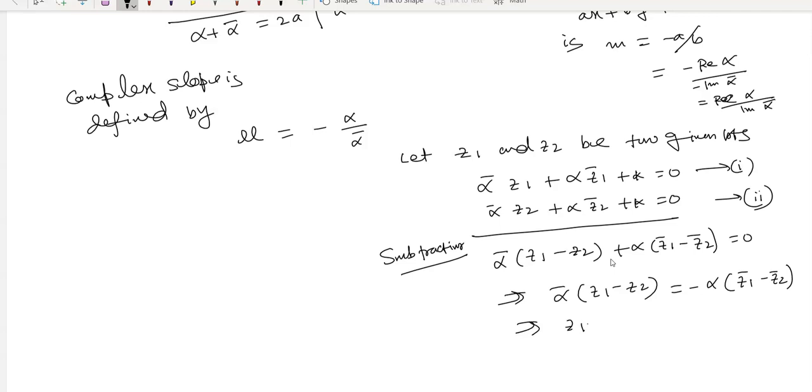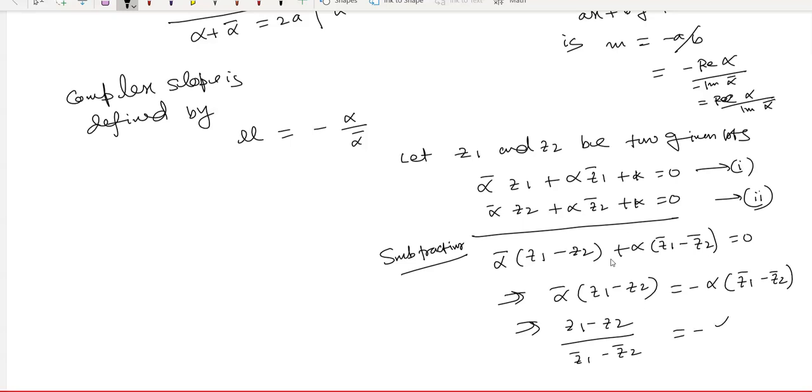So this implies (Z1 minus Z2) by (Z1 bar minus Z2 bar) equals minus alpha by alpha bar.